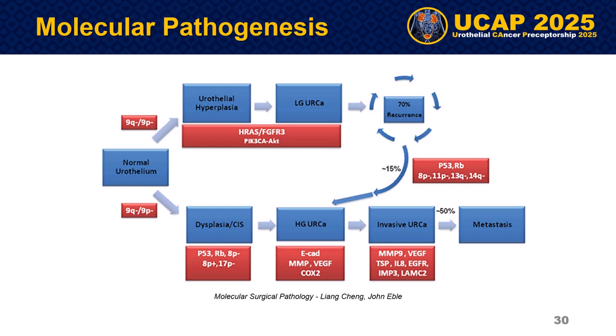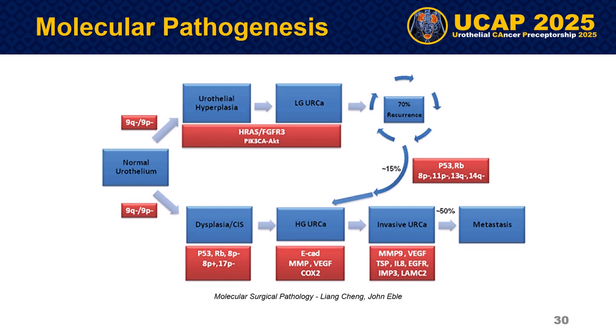These mutations drive oncogenesis primarily through RAS-MAPK pathways and the PI3K-AKT signaling pathways. Of interest, FGFR3 and RAS mutations are typically mutually exclusive, suggesting they converge in the downstream signaling pathways.